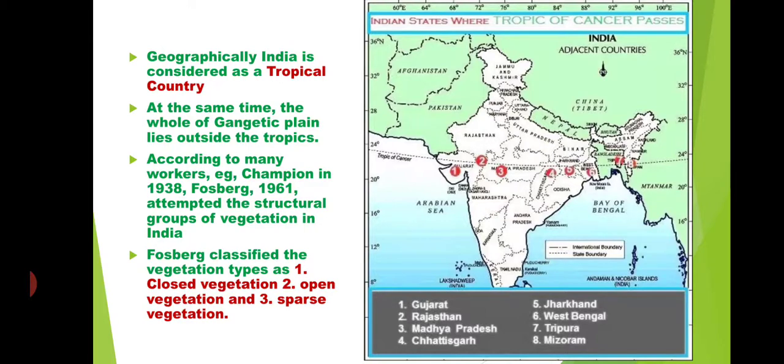According to Forsberg in 1961, he tried to classify the vegetational types under 3 heads, that is closed vegetation, open vegetation and sparse vegetation.